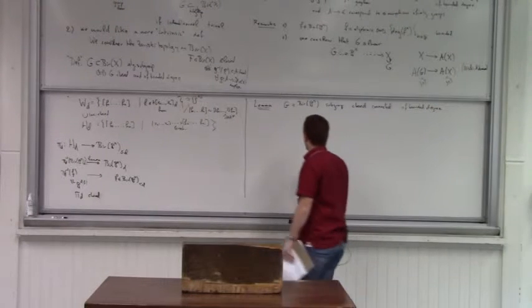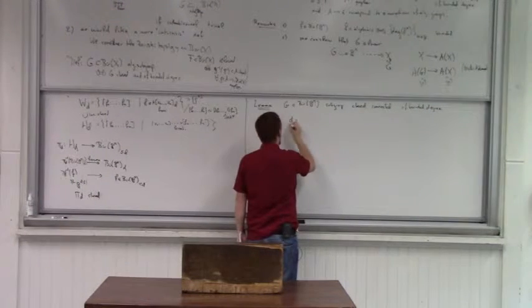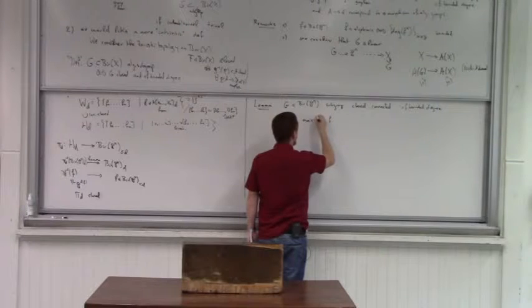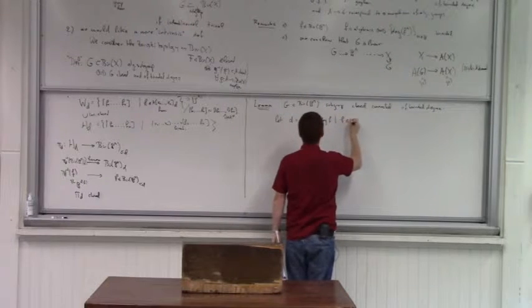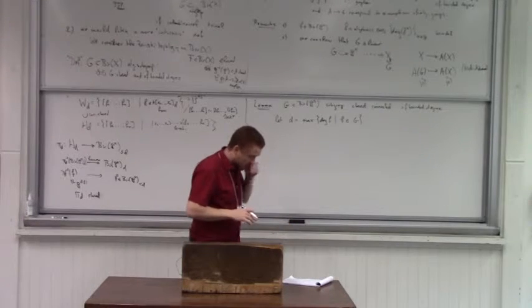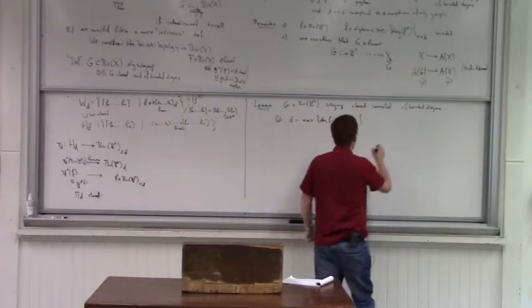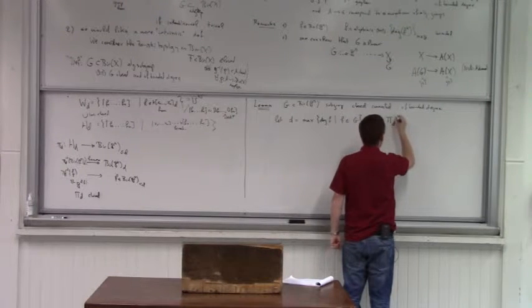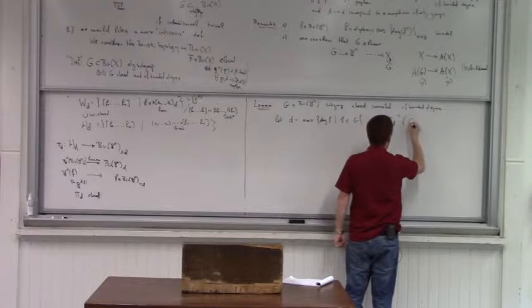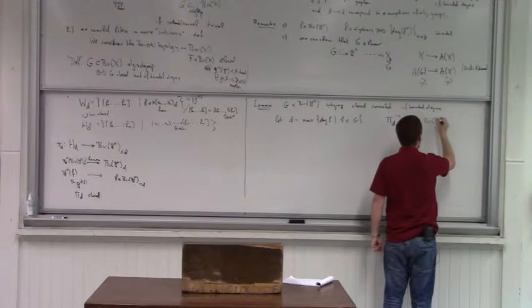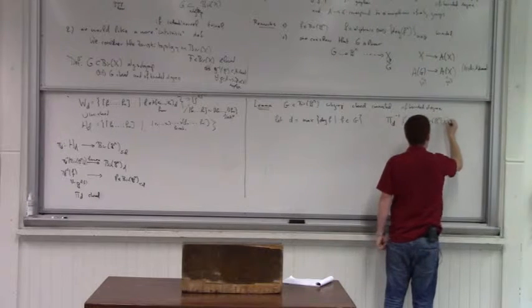So I take D, the maximum of the degree of f in G. So I take the elements of highest degree, and I take pi d minus 1 of G. I take all maps of degree maximal.